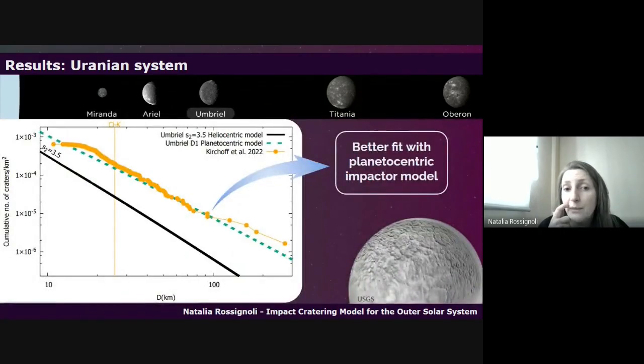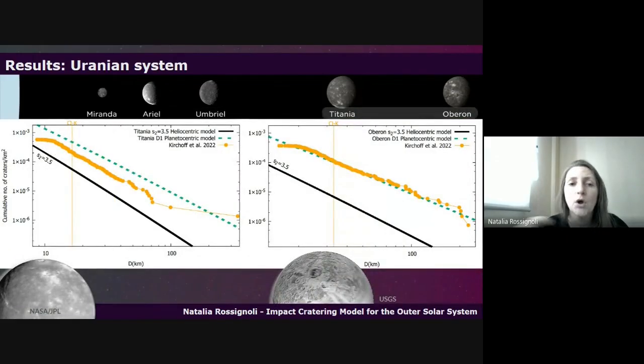In the case of Umbriel, we produced a very good match with the crater counts on this satellite, so it is already a better fit to the observations than our heliocentric model. And last, for Titania, we see again an overestimation. So in general, in our work, an overestimation is not very worrying because you believe that these satellites may have been affected by tectonical processes and resurfacing processes in general.